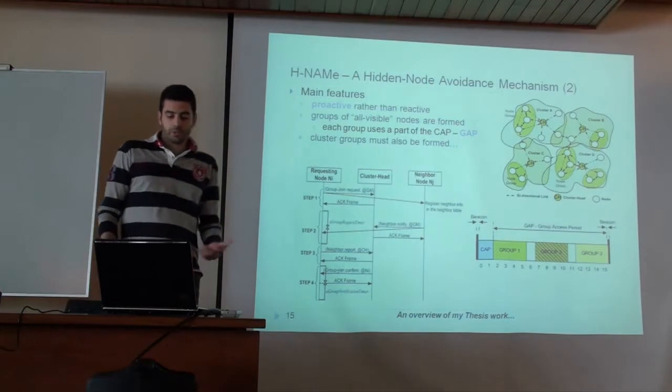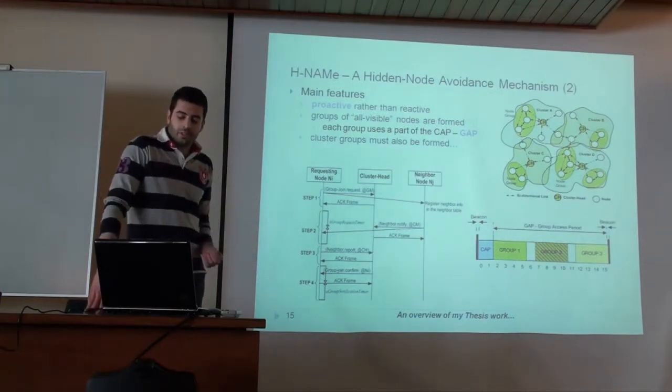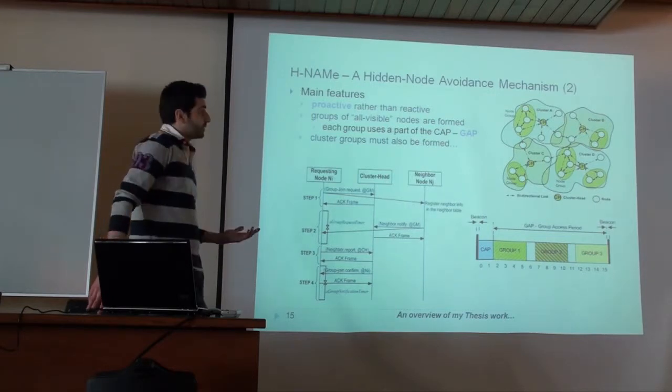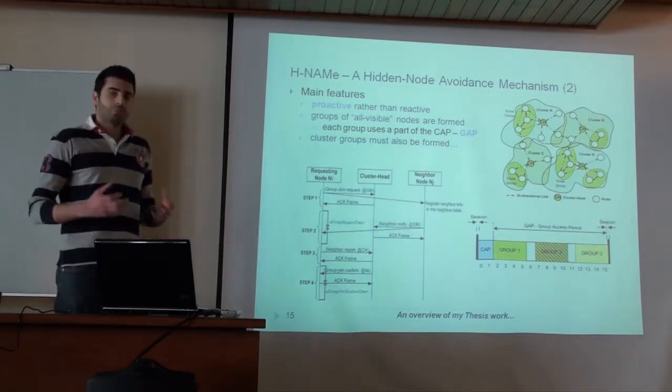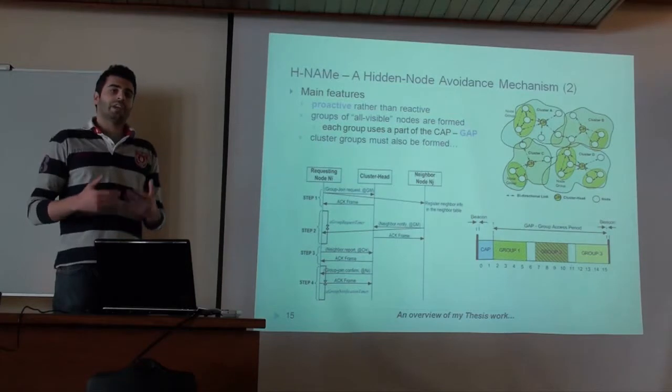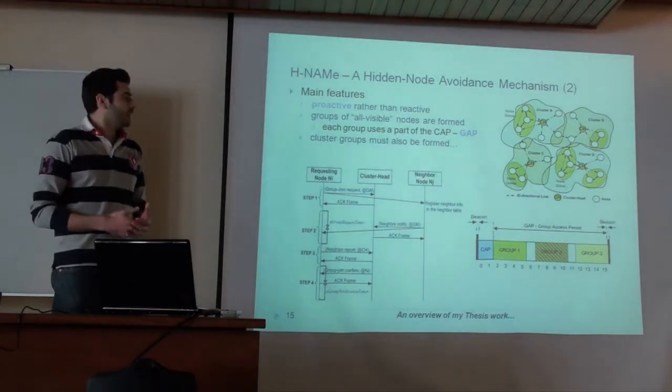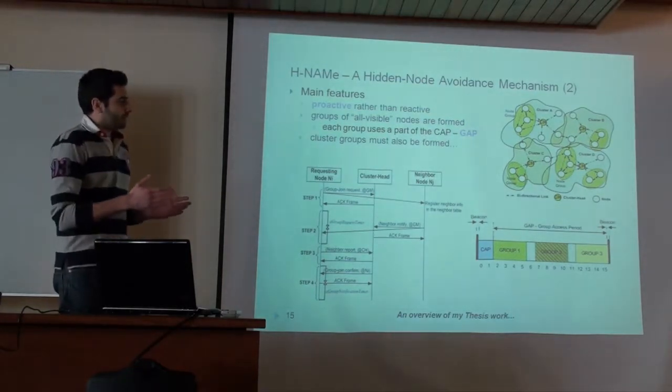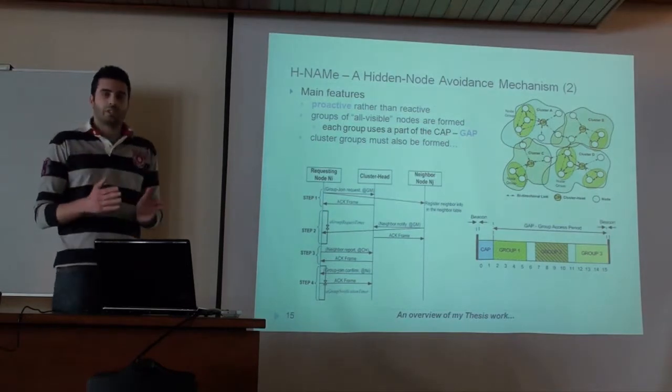So we proposed HNAME, which is a proactive mechanism to solve this problem. What HNAME does is group visible nodes and assign to those groups a portion of the CAP where these nodes will be able to contend for the medium.